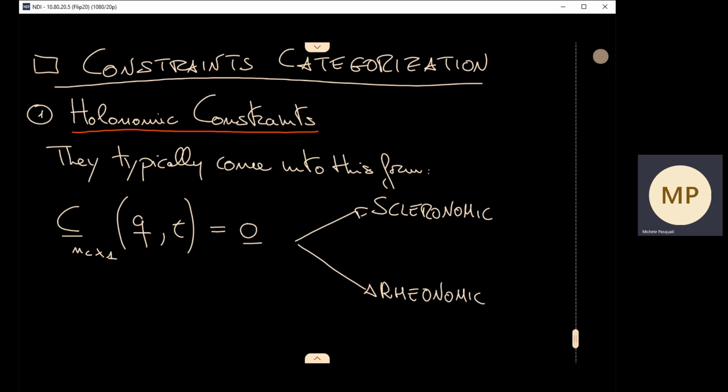What's the difference between them? In the scleronomic ones, time t does not appear explicitly in these equations.